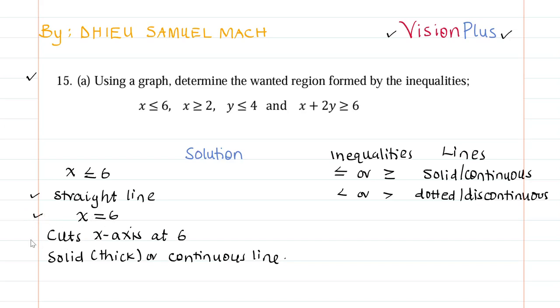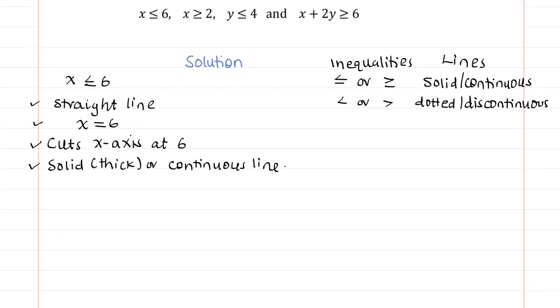That means it cuts the x-axis at point 6, and then it is a solid line or continuous line simply because it is less than or equal to in the same inequality. That is the analysis for that. And then the next inequality is x is more than or equal to 2.